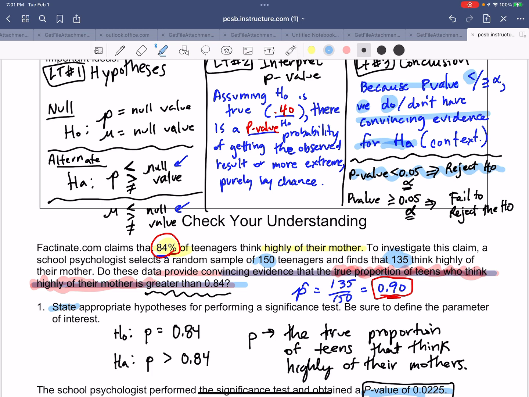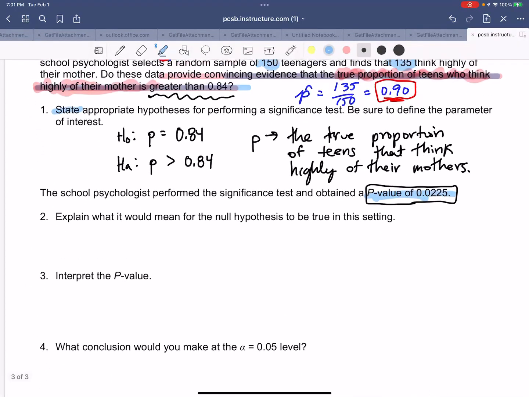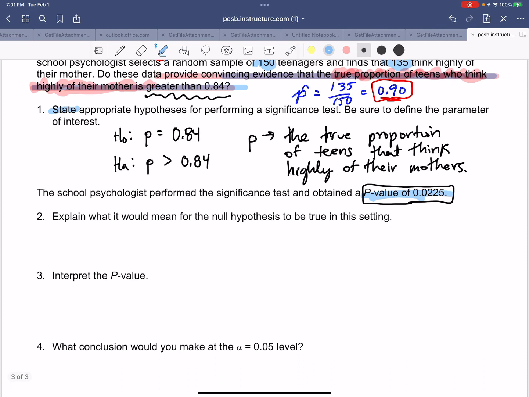We have evidence of that because it was such a rare outcome. And in fact, it should be relatively surprising if the truth was in fact 84% to get a number that high, especially from such a large number of people. That's a very rare outcome.